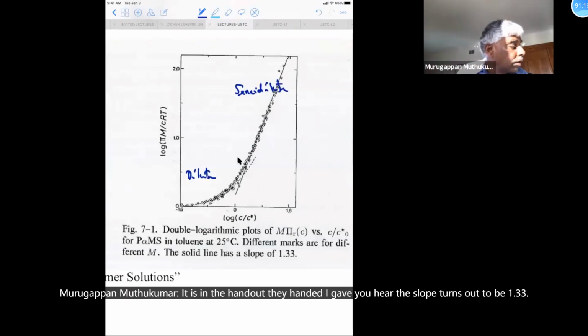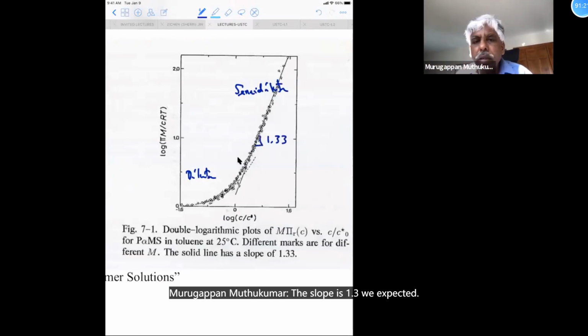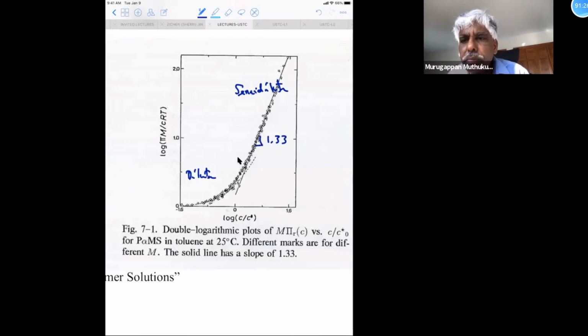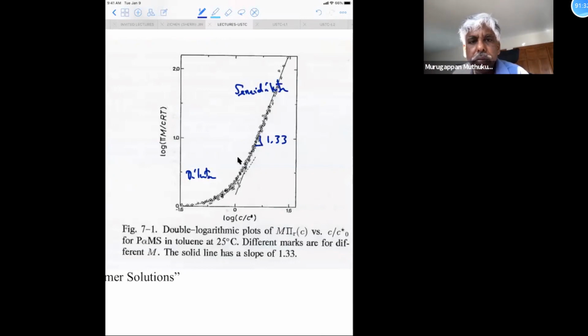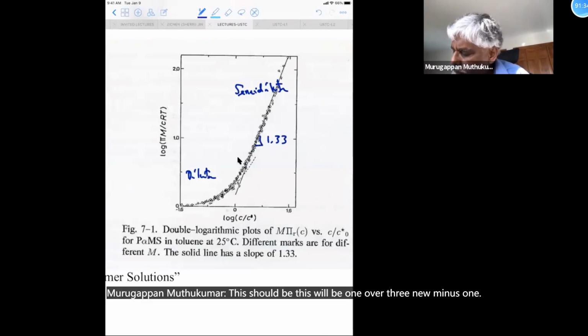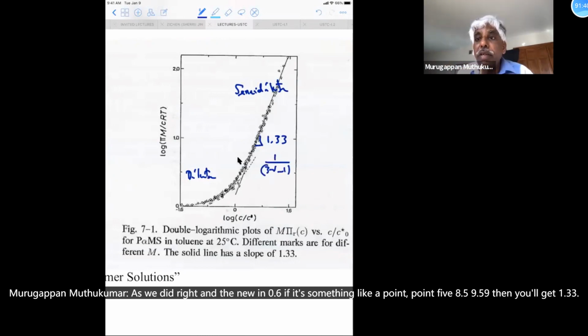This is in the handout that I gave you. Here, the slope turns out to be 1.33. We expected 1.25 for a good solution. And in fact, this slope should be 1 over 3 nu minus 1, as we derived.